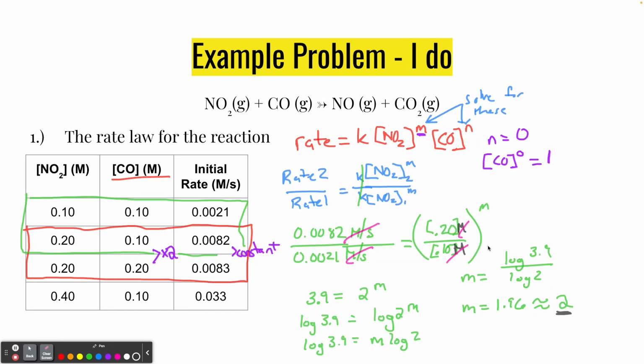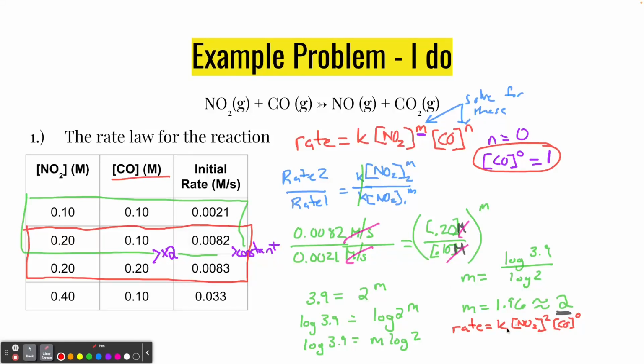So now I'm going to just plug in my numbers here, right? I'll go back to the red pen. Our rate is equal to the rate constant K times the concentration of NO2 to the second power times the concentration of CO to the zero power. But as I said, anything raised to the zero power is 1.